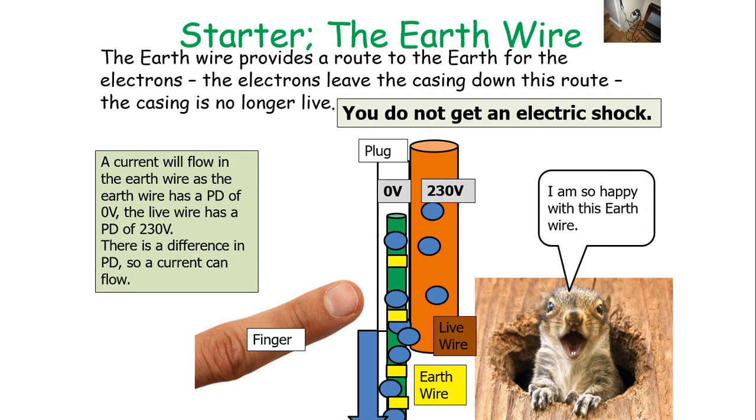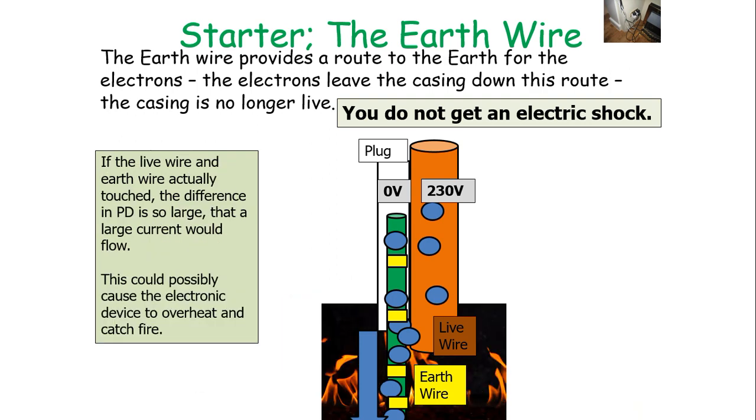Now, the thing you've got to be careful about, though, is that a current will flow in the earth wire as there's a potential difference of 0 volts in the earth wire, and the live wire has a potential difference of 230 volts. So if that live wire touches your earth wire, there's a difference in potential difference, there's a PD, so a current will flow. Now the issue is, because there's a large potential difference, because one's at 230 and one's at 0, a large current would flow.